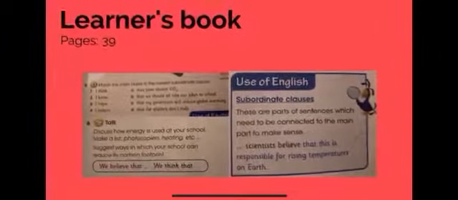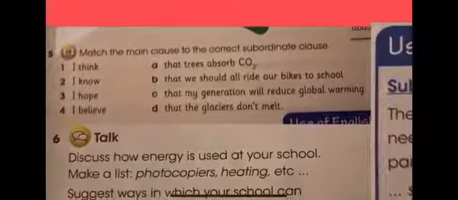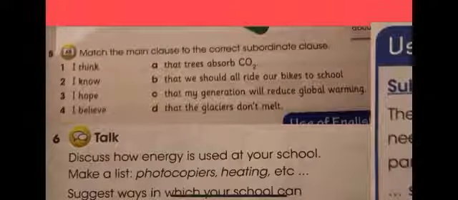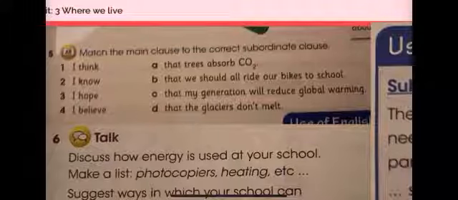So this is what a subordinate clause is. Now it's written, match the main clauses to the correct subordinate clause. The main clauses are: I think, I know, I hope, I believe. So I think, what do you think? Which will go with I think? Trees absorb CO2. Fine. That we should all ride our bikes to school. Fine. That my generation will reduce global warming.